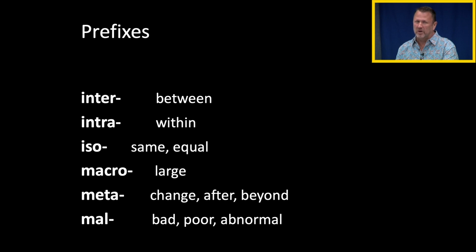Macrocytosis is large red blood cells in the blood. Meta means some kind of change, some kind of transformation has occurred. And so like metaplasia means some kind of change in the cellular structure, the appearance of the cells. Mal means poor or bad or abnormal.